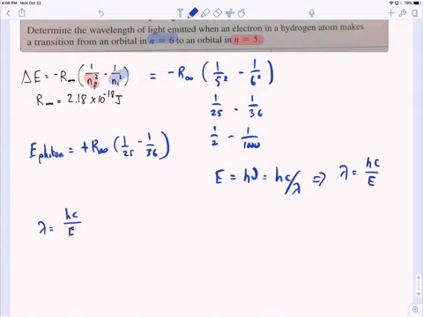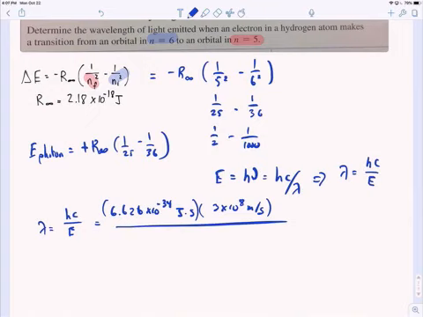hc over energy equals Planck's constant, 6.626 times 10 to the minus 34 joule seconds. C, speed of light, 3 times 10 to the 8th meters per second.